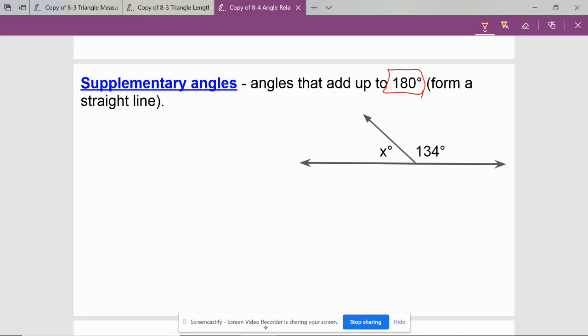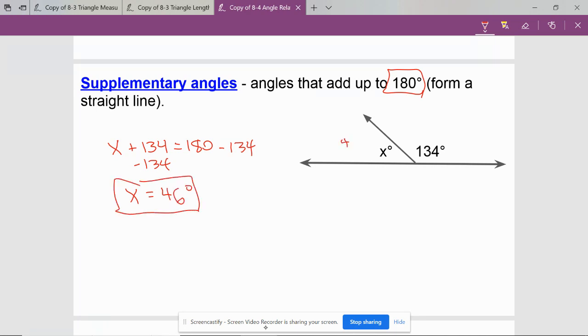So if we were to do this out in equation form, we'd say x plus 134 equals 180. Then we're just going to do our little one-step equation here and figure this one out. So x is going to be equal to 46 degrees. So hopefully that makes a little bit of sense.